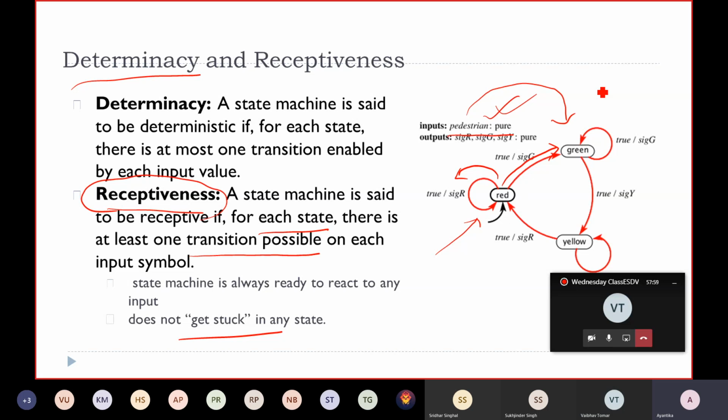But let's think that these control inputs have no effect on state 0. Those inputs are coming to your FSM, but if you are at state 0, or any nth state, you don't know where to go from there. That time your design will not be considered receptive. So that is the idea of receptive.